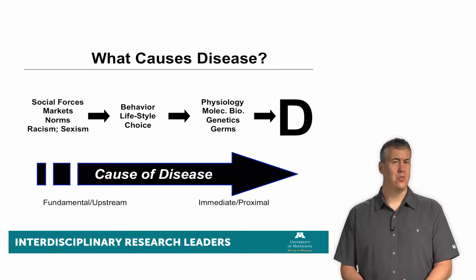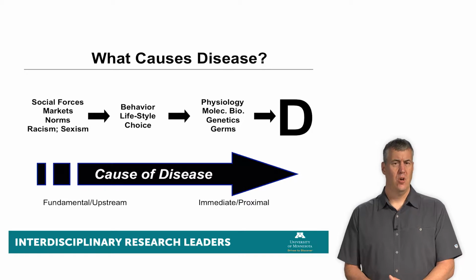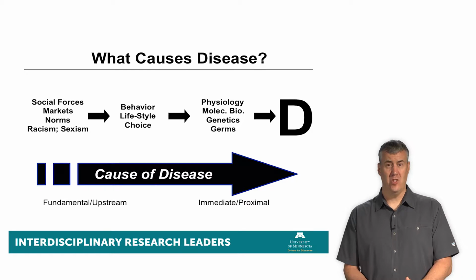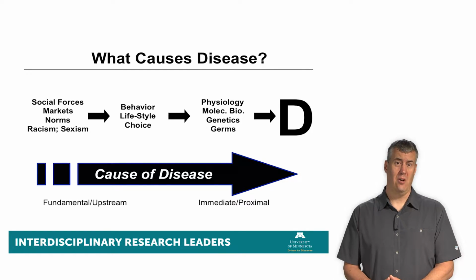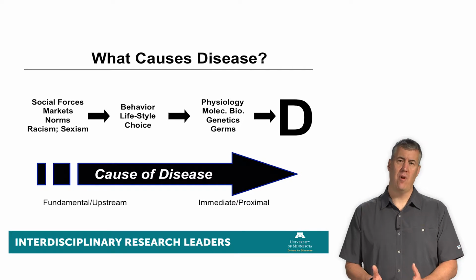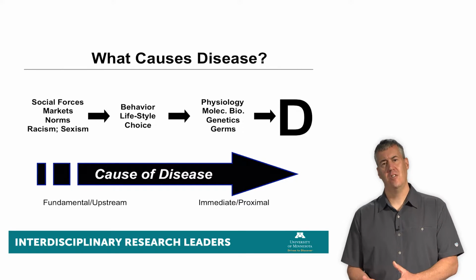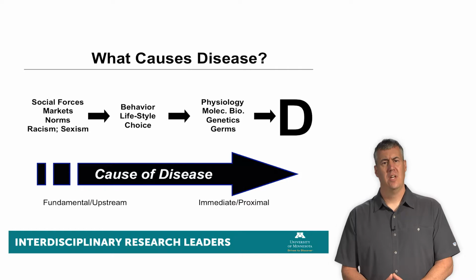But we can ask, where do the germs come from? Where does this molecular biological change come from, this poison I might have eaten? That might come from behavior, lifestyle choices, other things at an individual level. And that's an important explanation for disease as well. I smoked cigarettes, I ran marathons, I did this, I didn't do that. All kinds of explanations at the personal level.